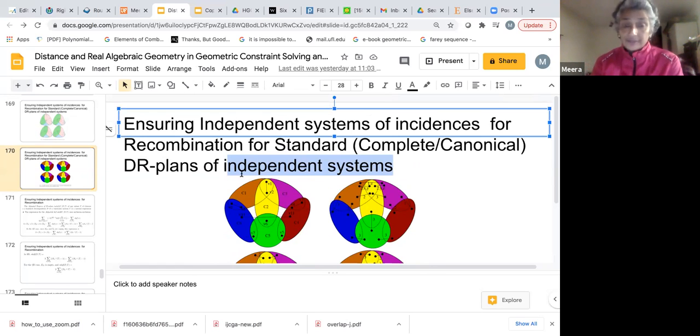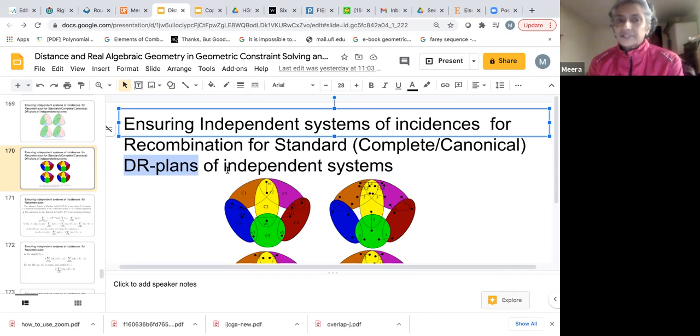If it was actually dependent, finding an optimal DR plan is NP hard. But given that it's independent, you have a way to find the optimal DR plan, which means optimal recursive decomposition into maximal rigid subgraphs, in polynomial time.